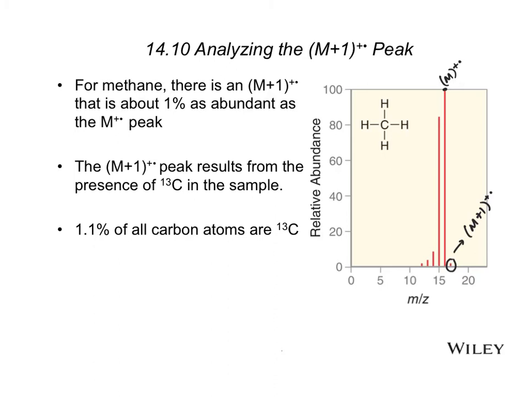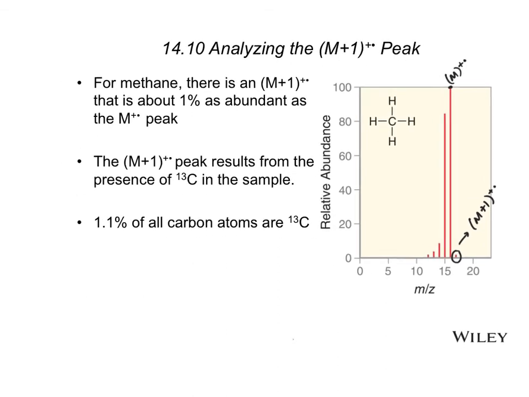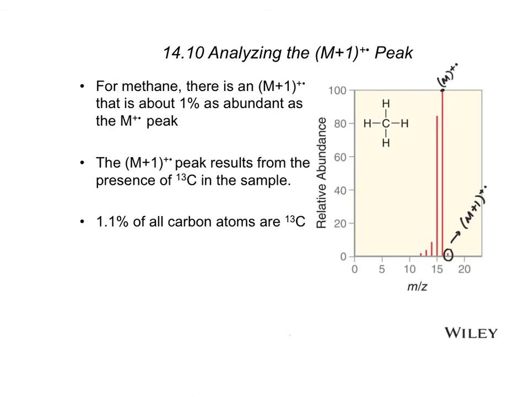Now, where does it come from? So again, we go back to this idea of isotopes, right? So carbon-12 had a mass of 12, right? What is the percent abundance of carbon-12? It's about 98.9% abundant, right? What is the other isotope of carbon? Carbon-13. Carbon-13 has a mass of 13, right? So that mass of 13 plus the 4 hydrogens gives us a mass of 17, pardon me, right?